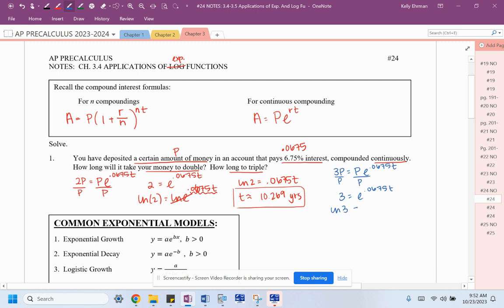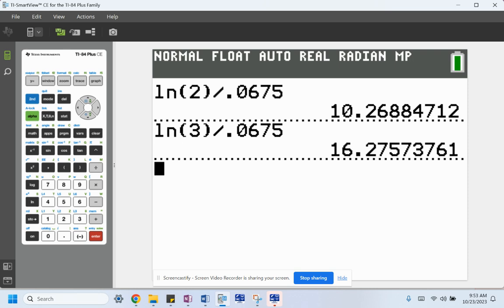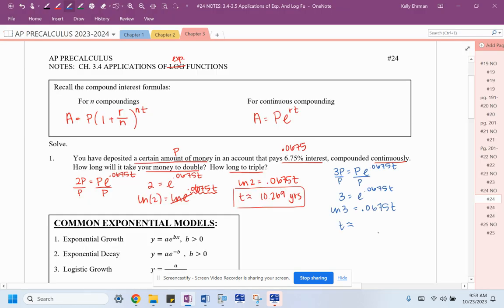Natural log of both sides makes this the natural log of 3 equals 0.0675t, and solve for t. Tripling our money is 16.276 years. So those are our approximations.